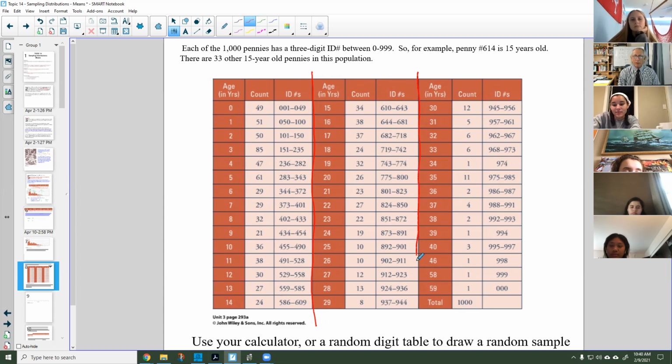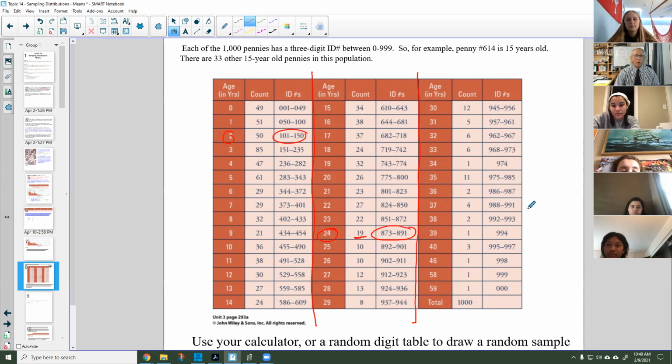They gave each penny a number. So for example, penny number 102, which is between 101 and 150, was 2 years old. Penny number 880, which is between these numbers, was 24 years old, and there were 19 of them. You follow how this chart works here?